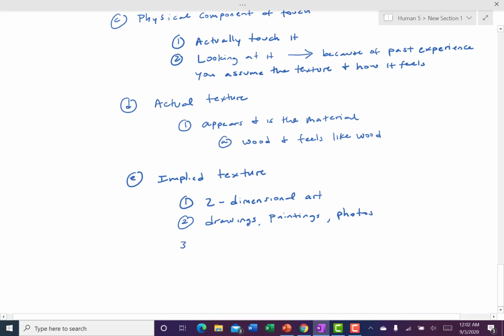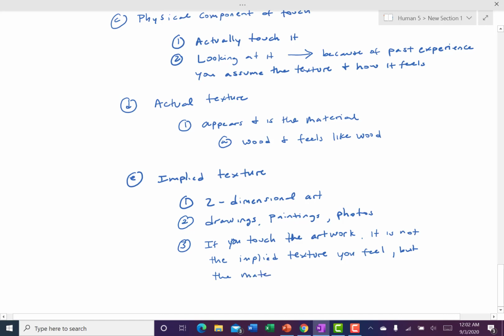And that's the idea. If you touch the artwork, it is not the implied texture you feel, but the material it was made on.